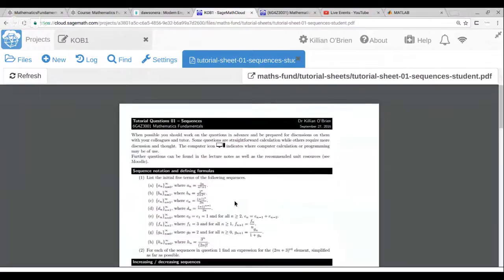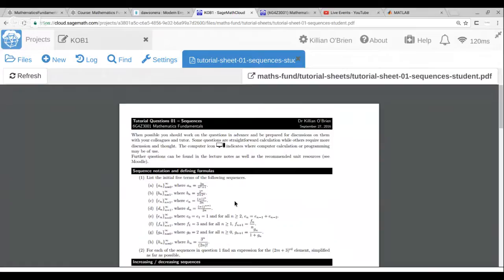The relevant exercises for this week from my sheet would be questions 1, 2, and 3.